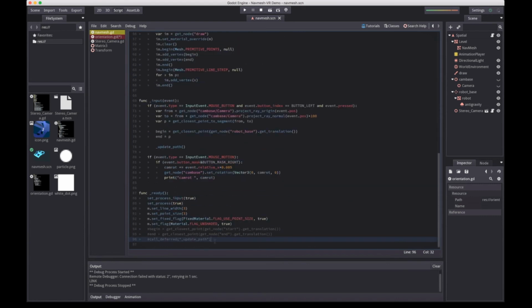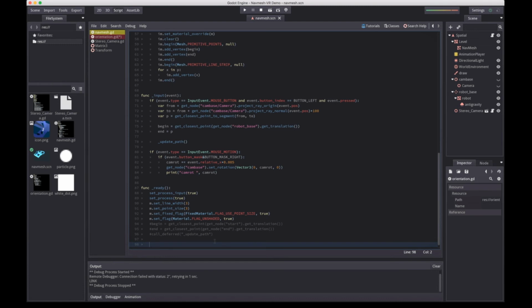On our ready, we're going to get our stereo camera's orientation or transform, and the only reason I'm getting this is because I want to get our starting location. Oh, I'm forgetting a bracket there. There we go.